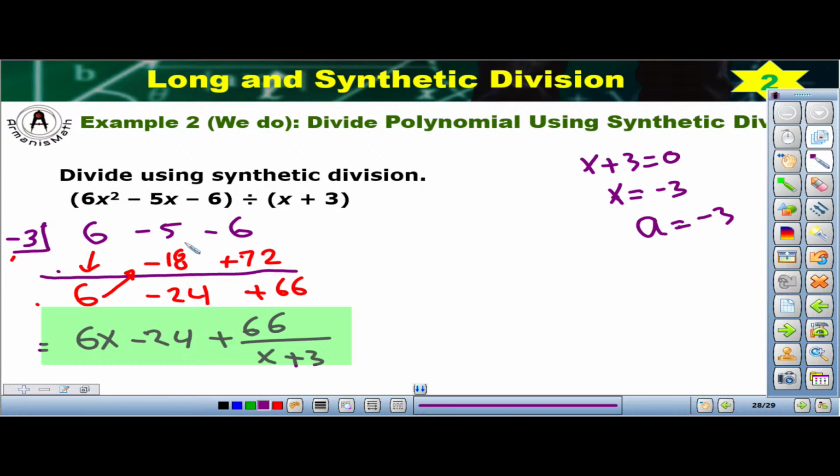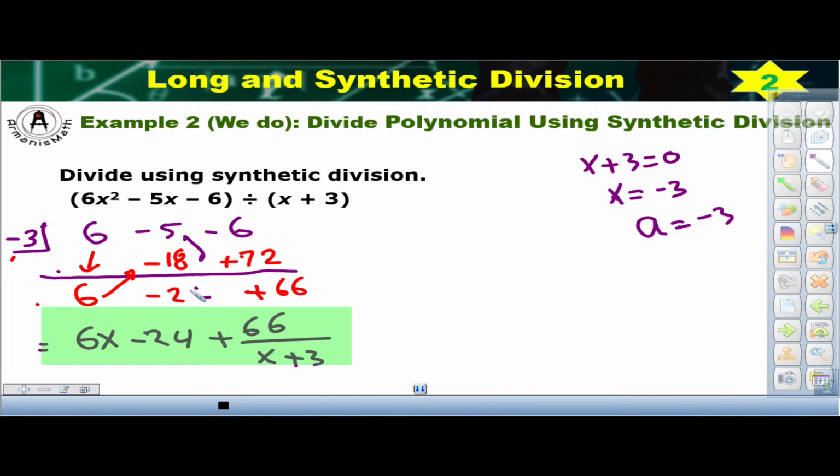Aha. Look at this. There's a boo-boo here. Negative 5 minus 18. How much is that? That's 23.